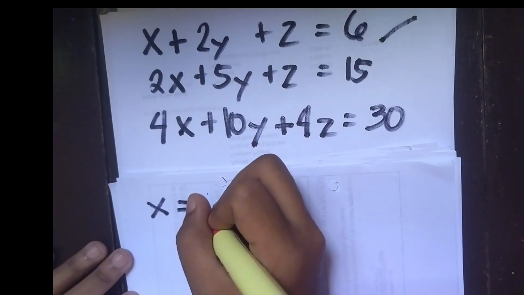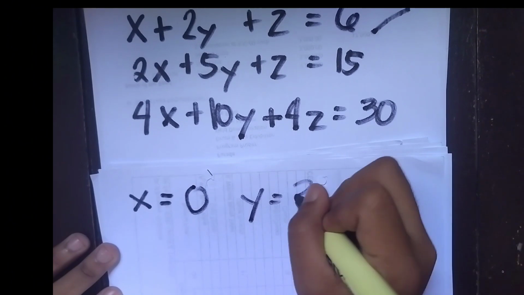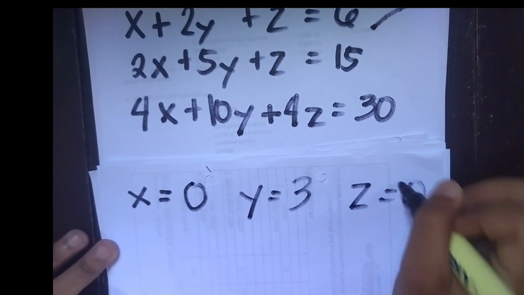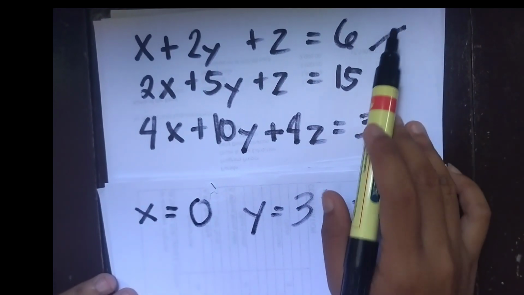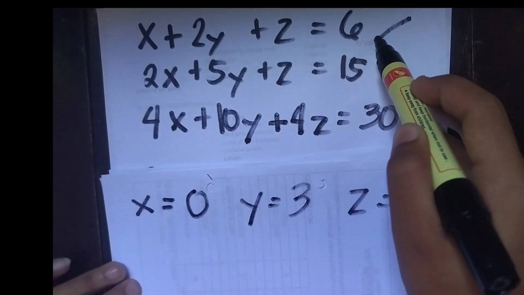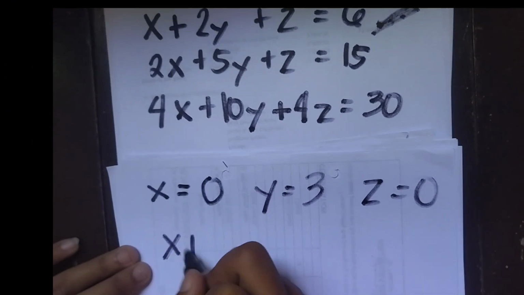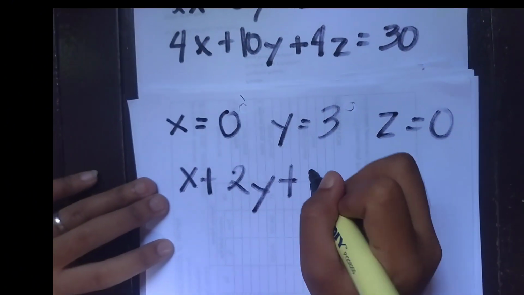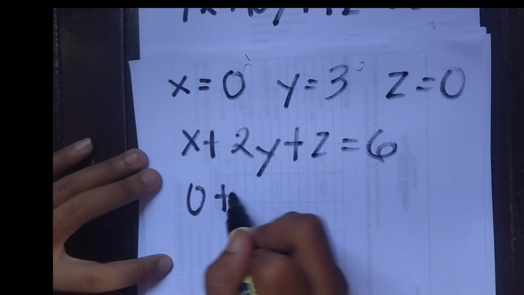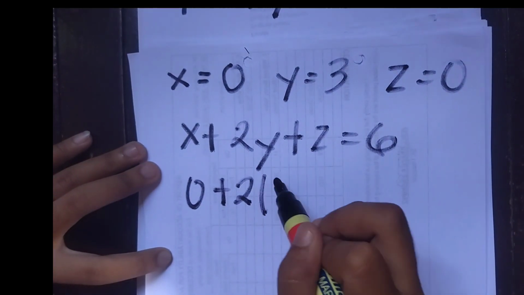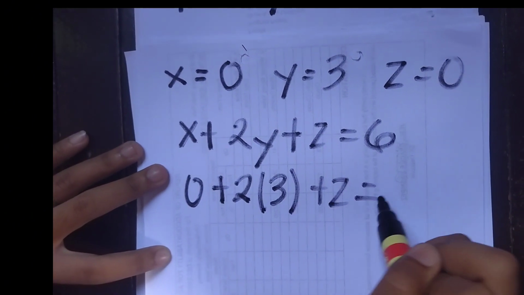Now, let's check it. So, x is equals to 0, y is equals to 3, and z is equals to 0. So, first, para makuha na to, o tama ba kani atong unahon, kung equal ba sila sa 6. So, x plus 2y plus z is equals to 6. So, 0 plus 2y, which is 3, plus z is equals to 6.